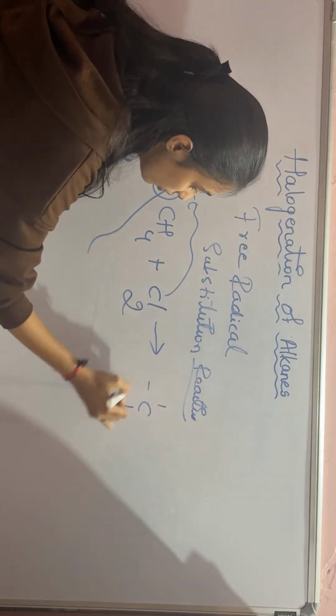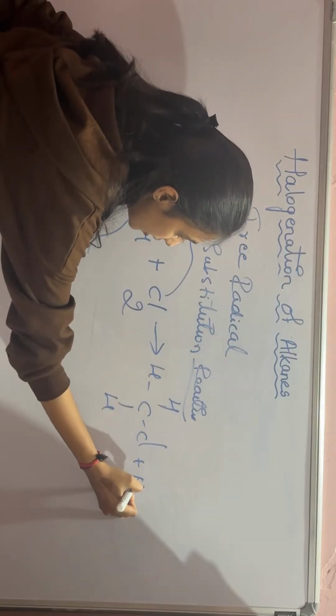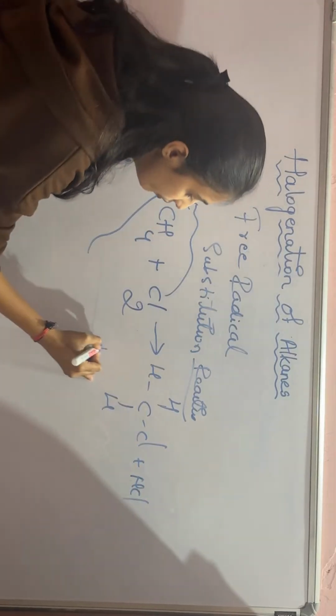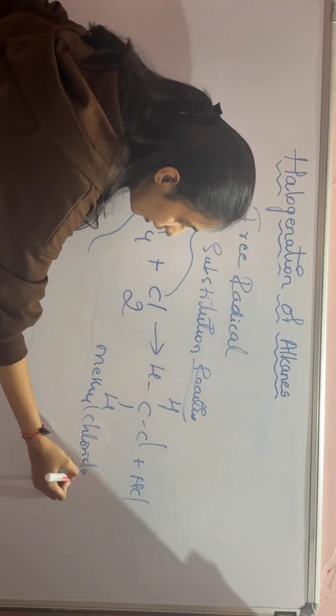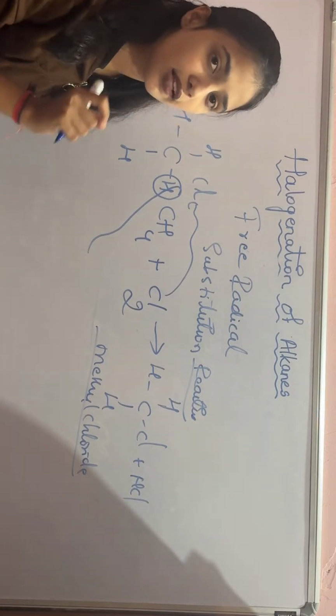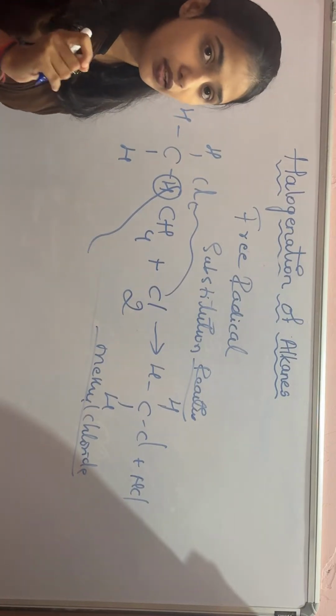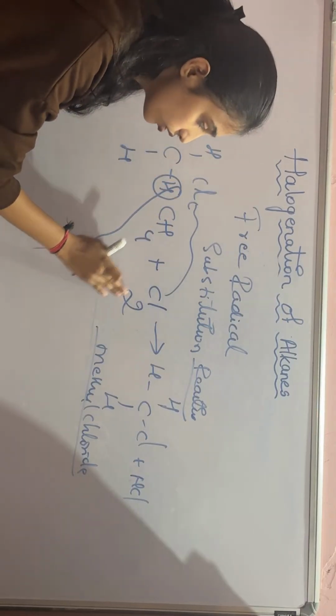So then HCl will be eliminated, and we will get methyl chloride or chloromethyl. That methyl chloride, chloromethyl is nothing but your haloalkane, which you get after the reaction of halogens with your alkanes.